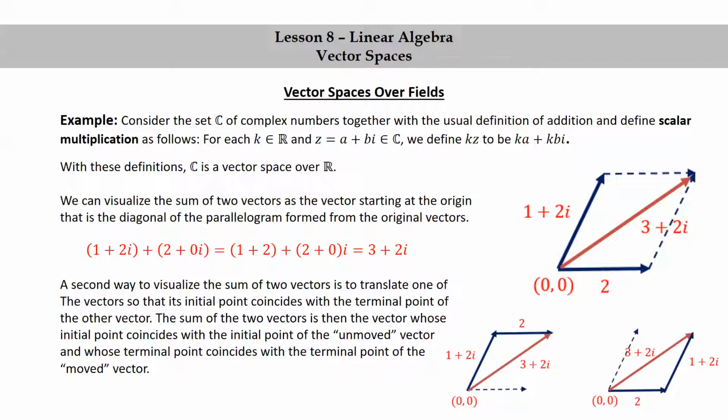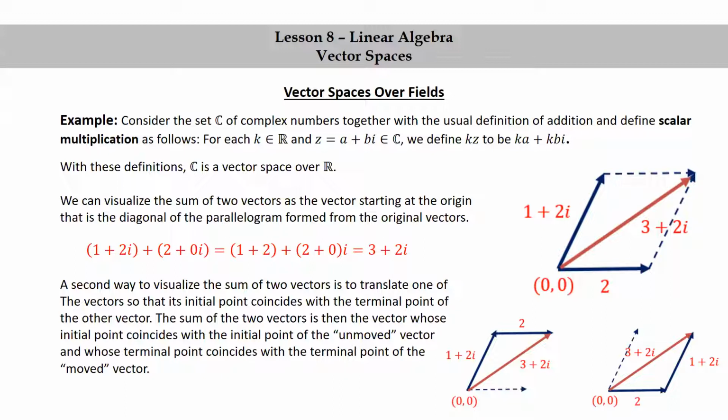So in the picture on the bottom left here, we have 1 plus 2i, and we moved the vector 2 up so that its initial point begins at the terminal point of 1 plus 2i. And then the sum, 3 plus 2i, is the vector whose initial point is at the initial point of 1 plus 2i, which is the unmoved vector, and whose terminal point is at the terminal point of 2, which is the moved vector.